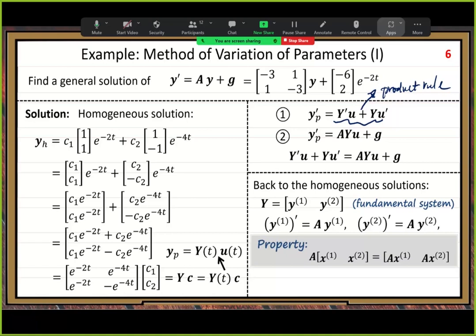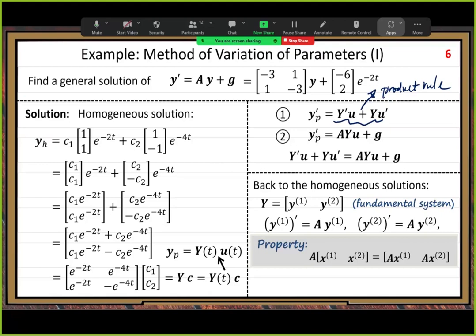A matrix A multiplied by matrix X, where X is written in two column vectors, X sup 1 and X sup 2, equals a matrix with two vectors: the first vector is A times X sup 1, the second vector is A times X sup 2.